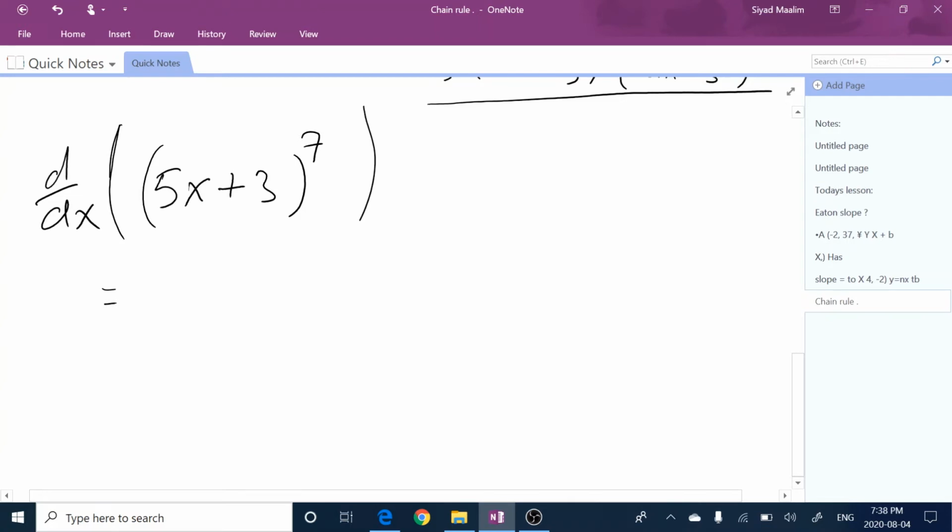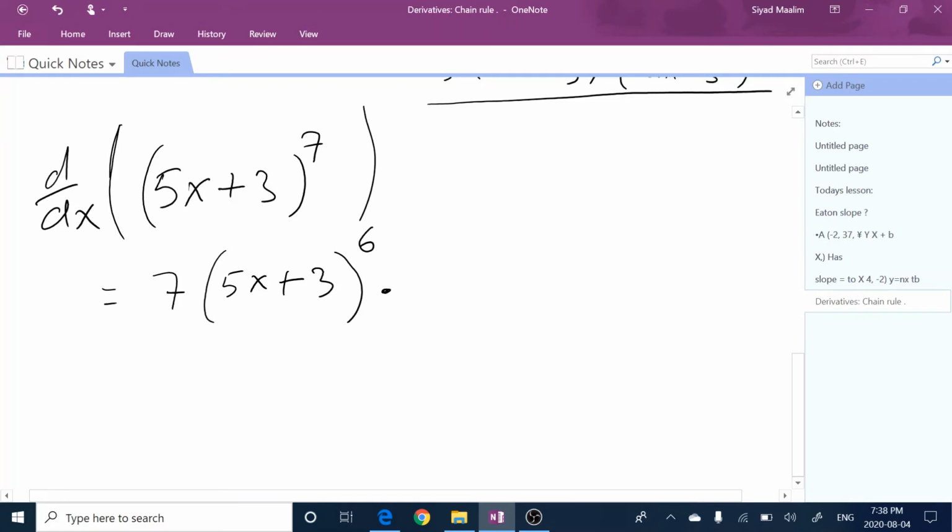In that case we use the power rule, which I have explained in another video that I will link in the description below. So bring the power down, 7, keep whatever is inside the bracket the same, 5x plus 3, reduce the top power by 1, 7 minus 1 is 6, multiplied by the derivative of the inner function.